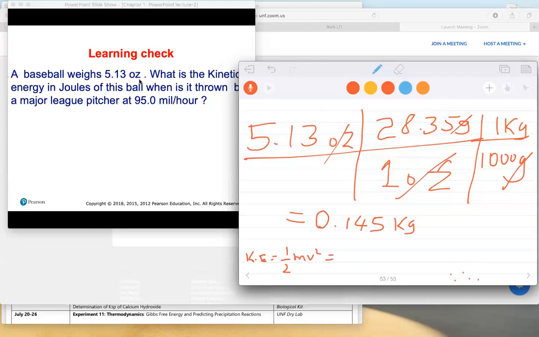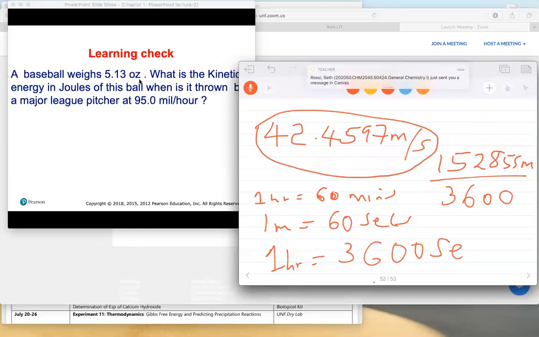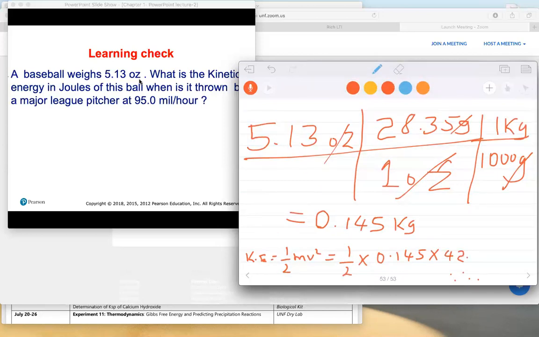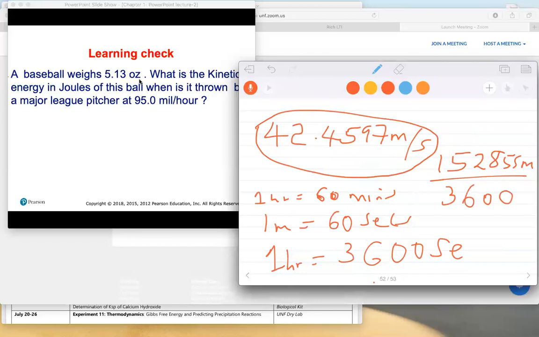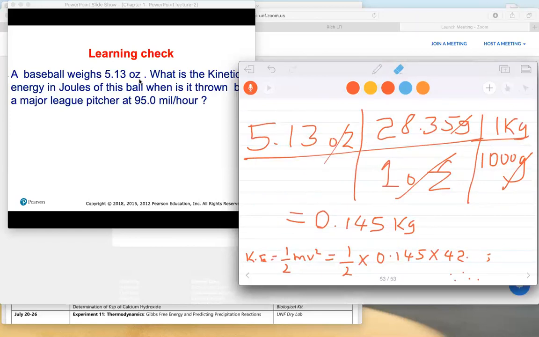We know the mass is in kilograms, so a half times 0.145 times 42.4597 squared. Remember, you square that because it is velocity squared.